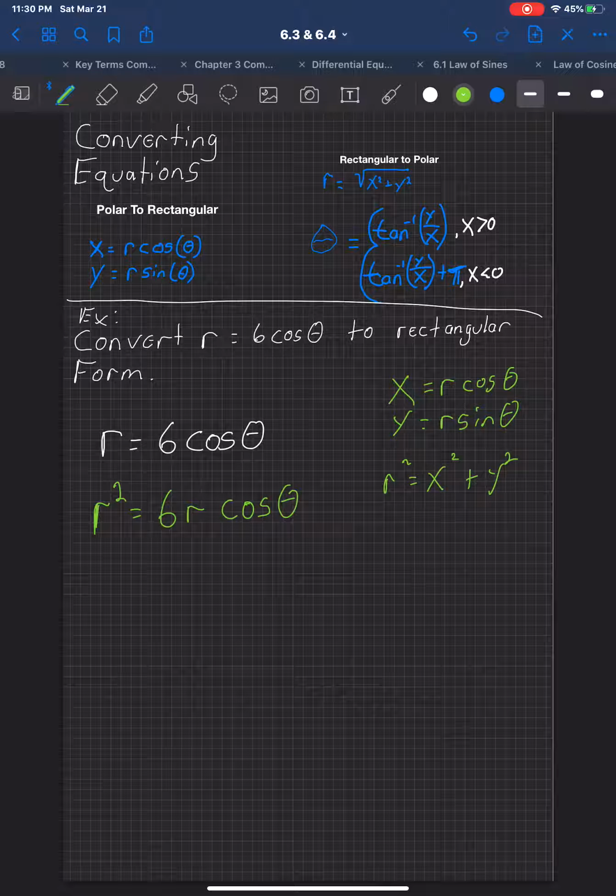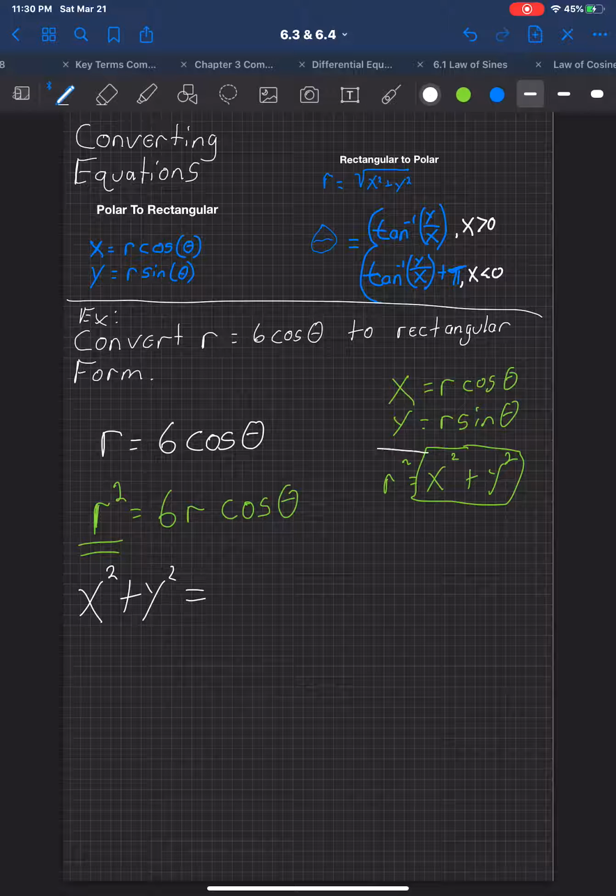I now know what to plug in for my r squared. So this portion right here can simply become x squared plus y squared equals, right? Imagine I'm just plugging in here. And now I need to figure out, how do I rewrite this 6r cosine of theta?